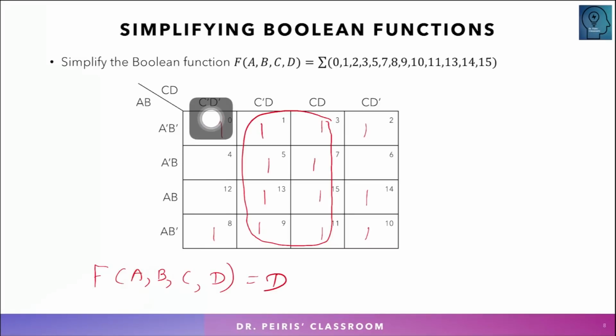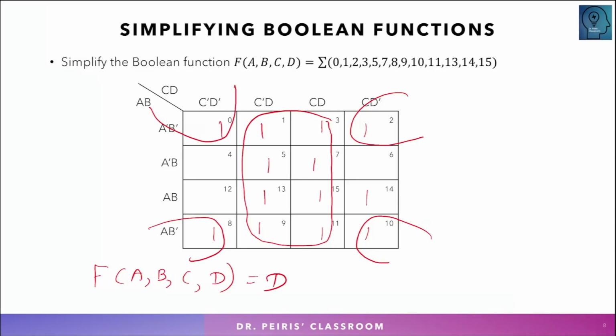Now we have the ones left in the corners. So how can I do the ones in the corners? We said that the first and the fourth rows are adjacent, as well as the first and fourth columns are adjacent, which means the corners can be done like this, which makes a single group.